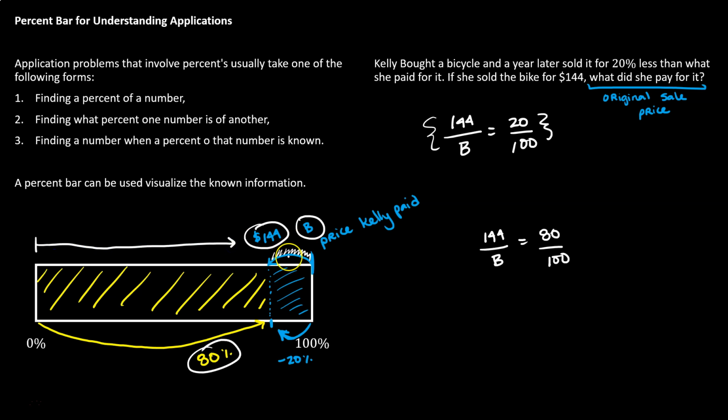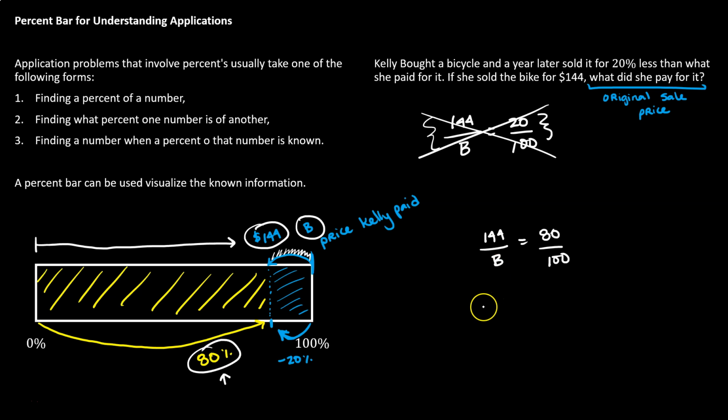So it's really important to use our percent bar to realize that the 20% is telling us what we don't want to use, but it's helping us find the number we do want to use, the 80%. So we're not going to use the 20%. Instead, we're going to use the 80%.